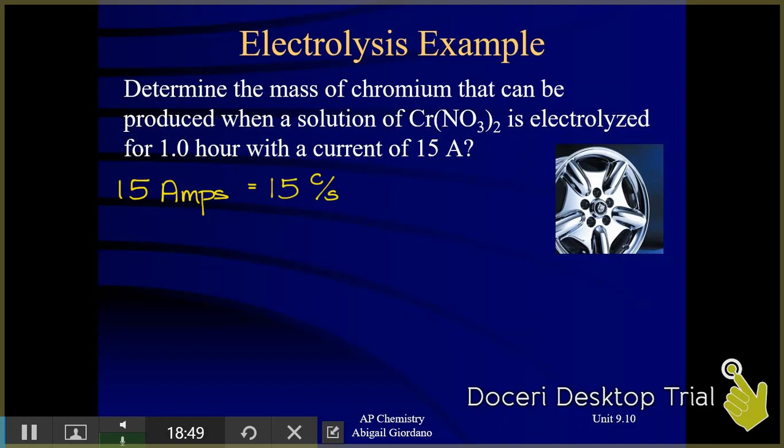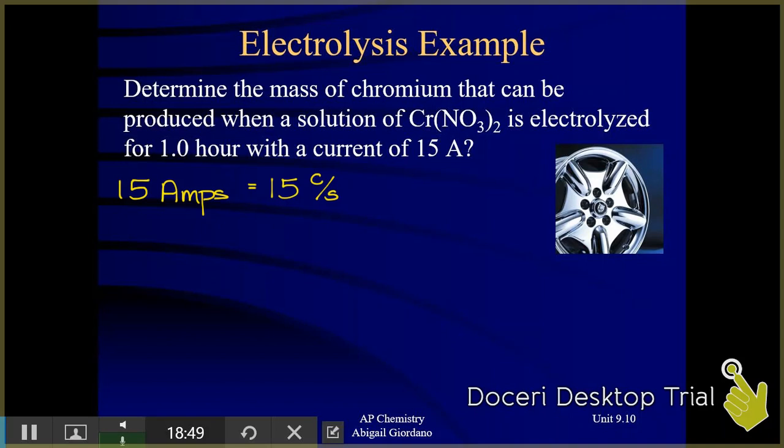A coulomb is just a unit of electric charge. So what this is saying is that in this electrolytic cell, we are, quote, pushing, you can kind of think of it that way, forcing 15 coulombs of charge through the wire every second.